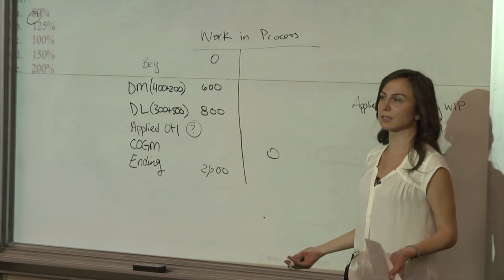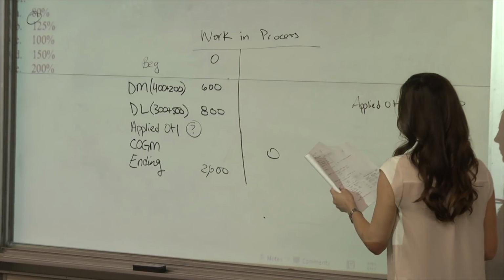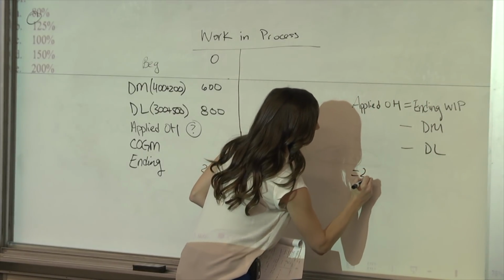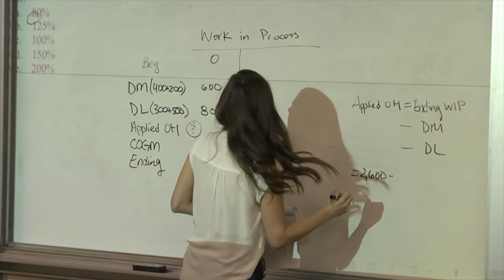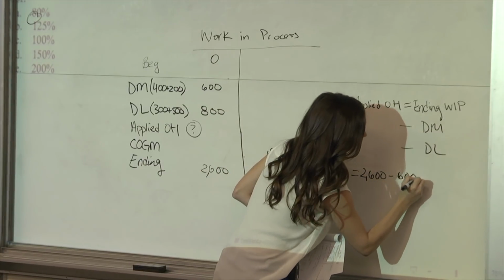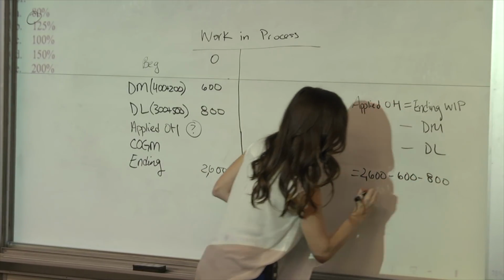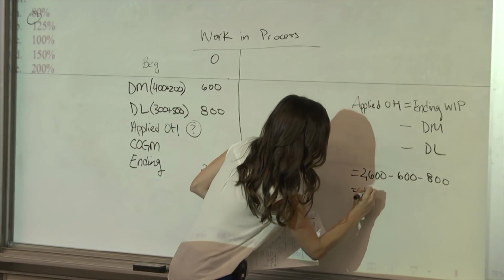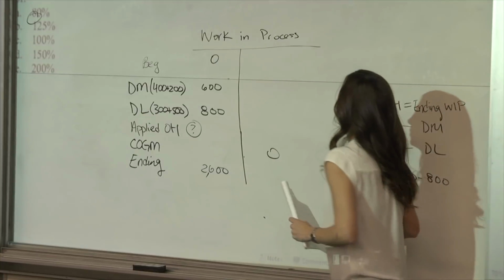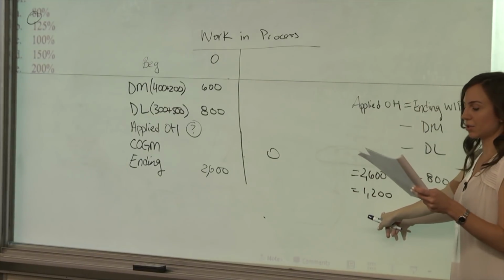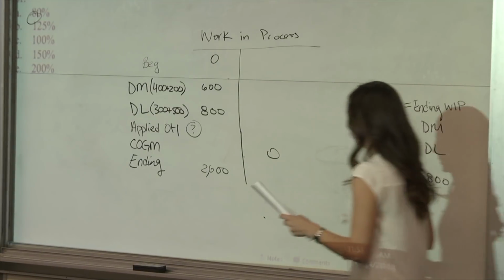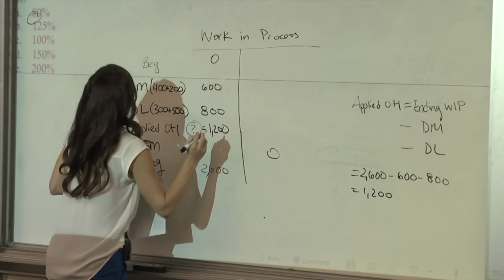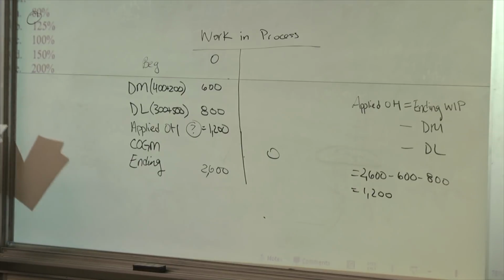And what's left is going to be the applied overhead. So if we do that, we'll get $1,200 of applied overhead. Okay, so we figured this out. But that's not what the question is asking for.